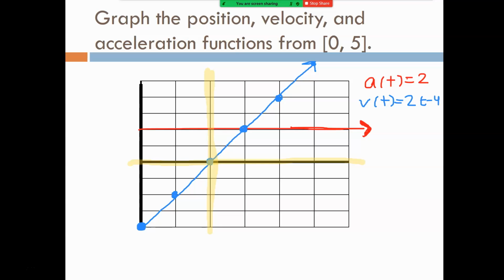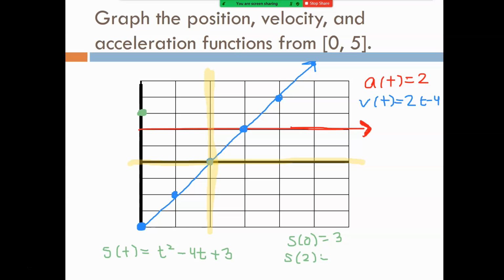And then last but not least, we will graph position. And if you think about it, we said that the initial position is at 3. So here's S of 0. We calculated that. We also calculated S of 2.